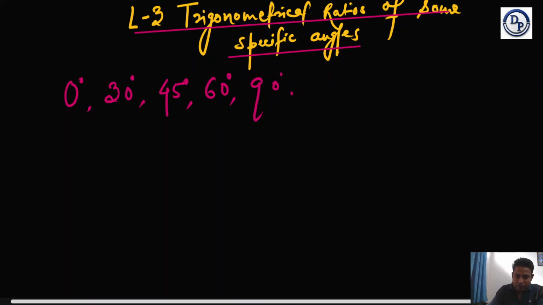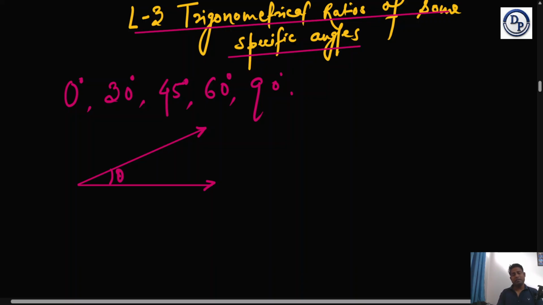So now, how can we deal with this? First of all, we will try to understand. Now I've drawn angle theta. Theta means any angle, that particular angle could be any of them.